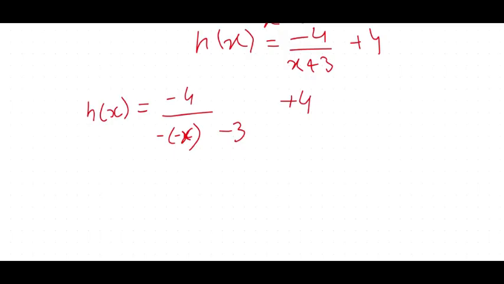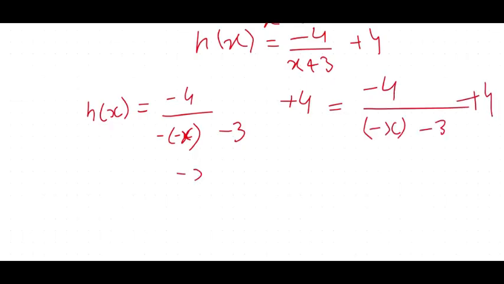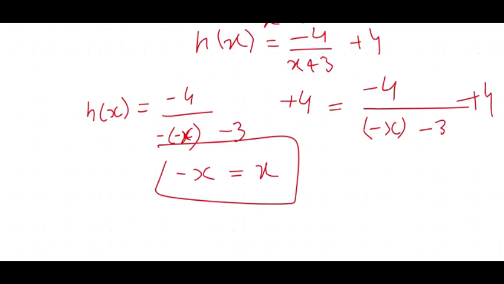So this transformation is replacement of x with minus x. Okay, so what we have in this is minus 4 over minus x, minus 3 plus 4. I'm just replacing x with minus x. This is the transformation I do in this equation.